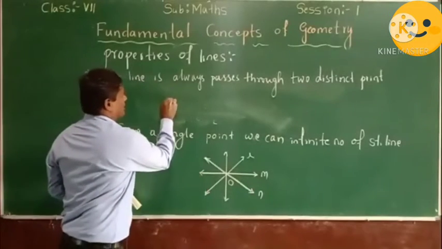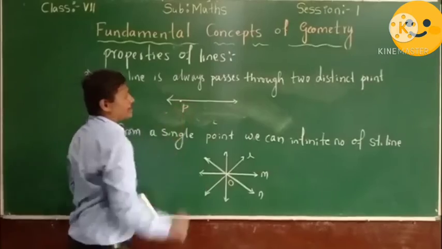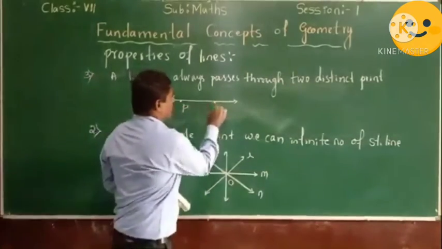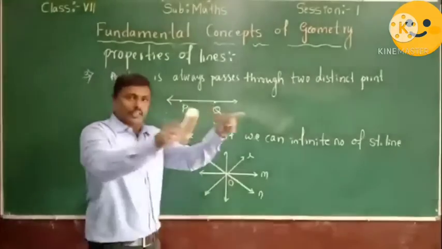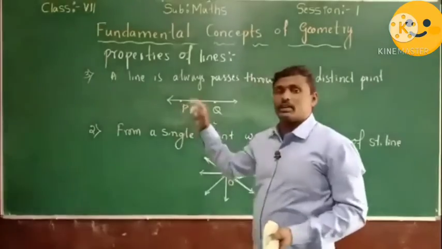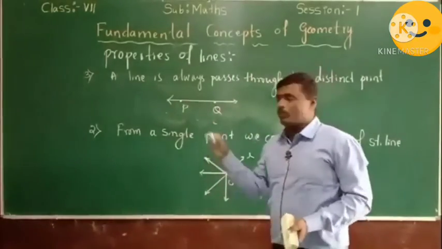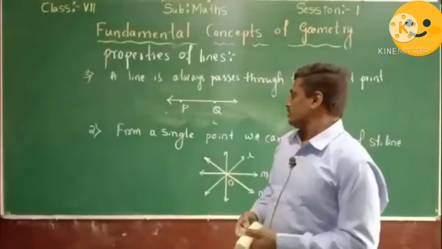For example, this is point P and this one is point Q. Through these 2 points a line is extending on both sides. We already know that a line has infinite number of points, but it passes through 2 points. Next one.